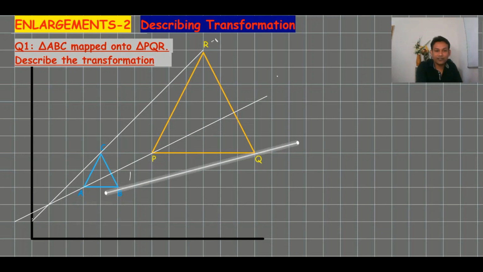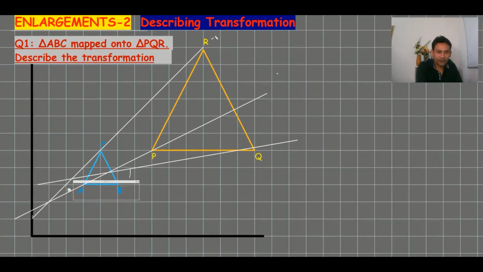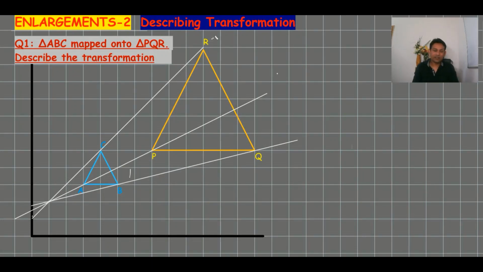Using technology is not easy. So I want to extend this line also. When I extend all these lines, all lines are merging at a particular point, and that is called the center. So this is the center of the enlargement, here at 1, 2.